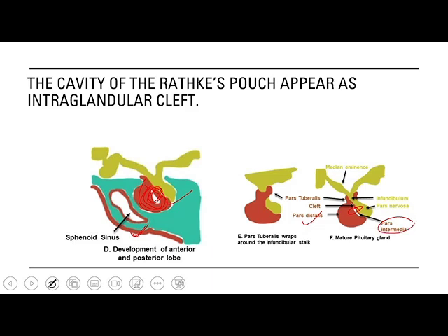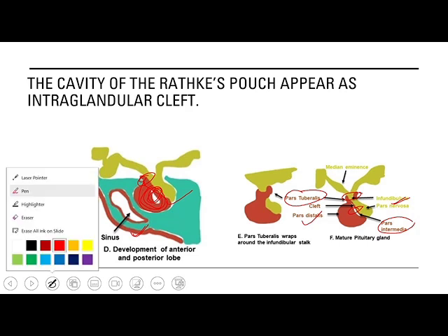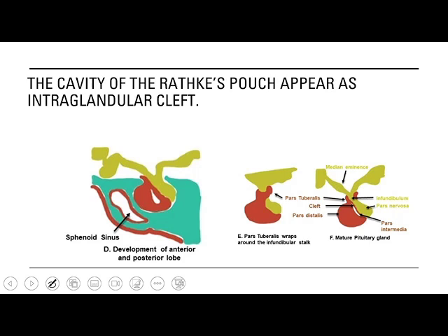You can appreciate that its upper part, the shell of this upper part of the Rathke's pouch, will surround the infundibulum, and that ring-like structure is now called the pars tuberalis, which will surround this infundibulum. And this is how the Rathke's pouch gives rise to the various parts of the anterior pituitary gland.